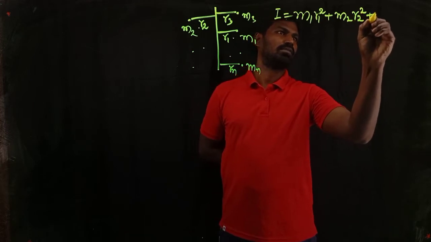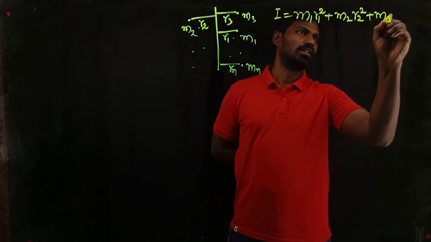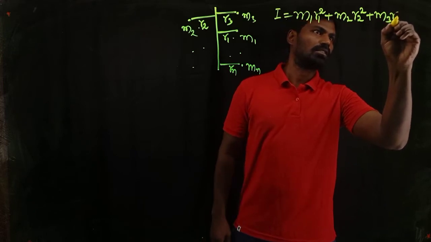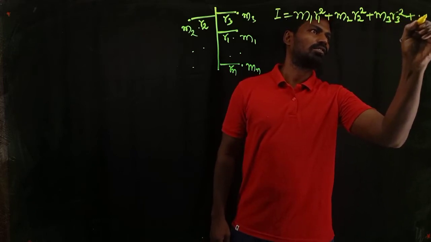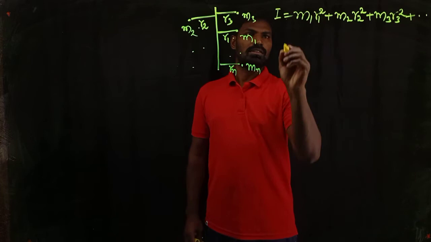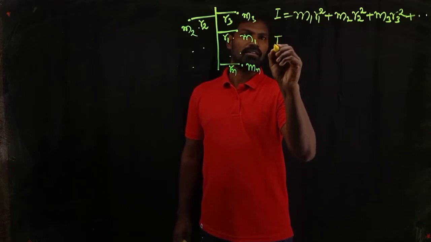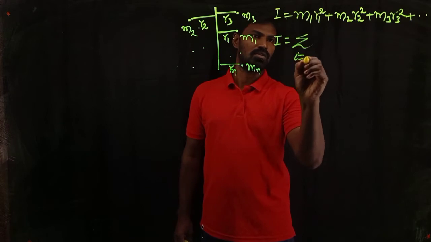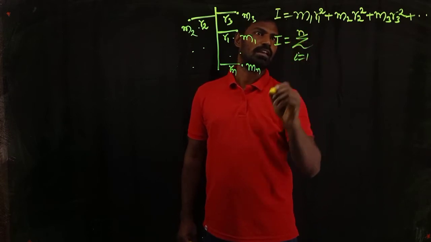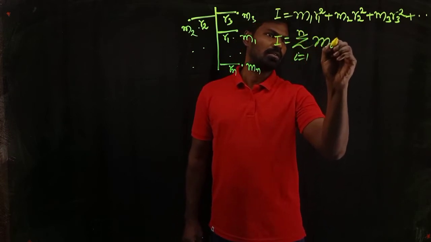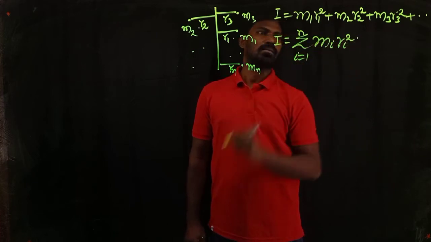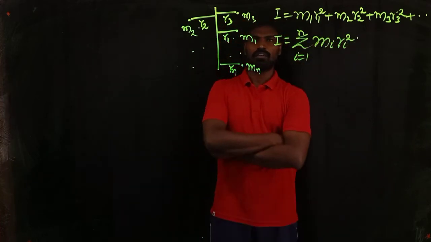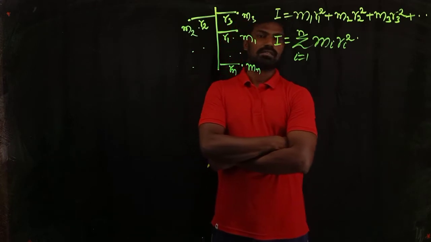Similarly m3 into r3 square, plus so on. In summation convention I can write I equal to the summation over i equal to 1 to n of mi into ri square. This is the expression for the moment of inertia of a discrete mass system.